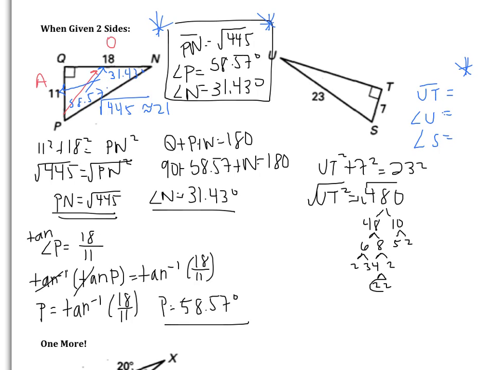I have this pair of 2's. I have this pair of 2's. I have a 3, a 5, and another 2 left over. So I get UT to be 2 times 2 root the 3, the 5, and the extra 2. In this case, UT is 4 root 30.